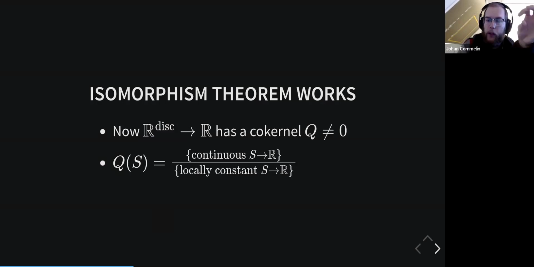And Q of S, of course, or I mean, this co-kernel Q very much is a new object. It's a condensed set that didn't come from a topological space. So in some sense, it maybe behaves pathologically, but on the other hand, it's a new object that ensures that the category has much better categorical properties. And I think it's the kind of leap that was also made when, for example, Grothendieck said, well, we shouldn't just be looking at maximal ideals and varieties.